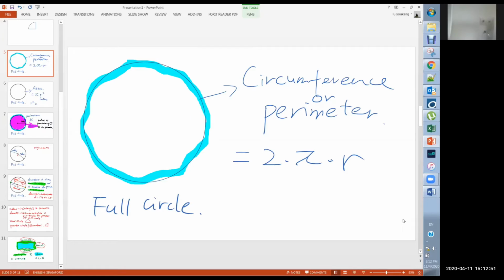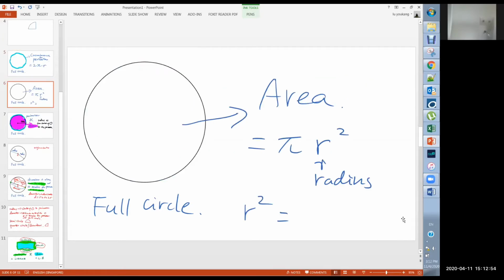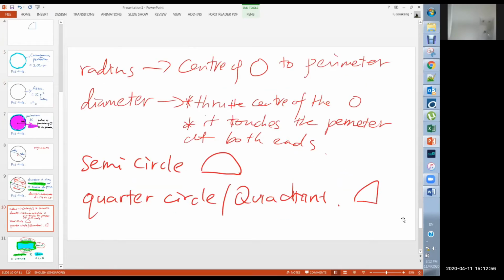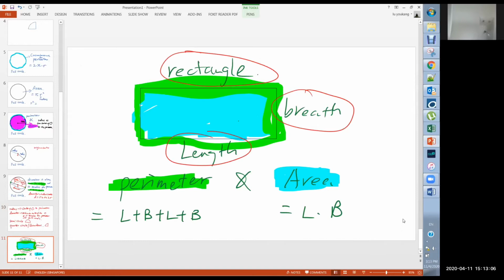Terms wise: radius, diameter, semicircle, quadrant. Okay. Good. Let's take a break before we look at all your questions on circle.